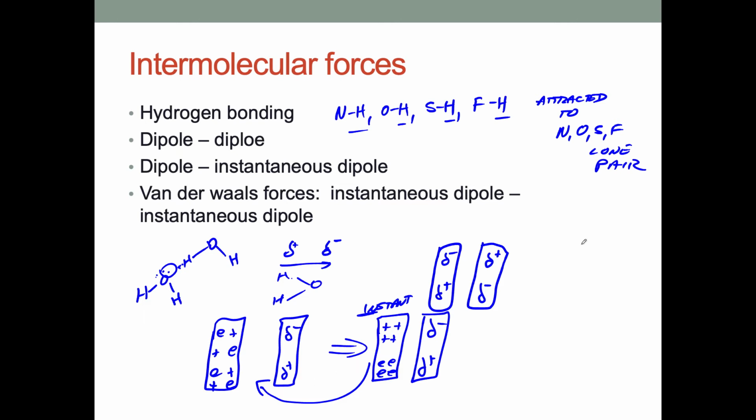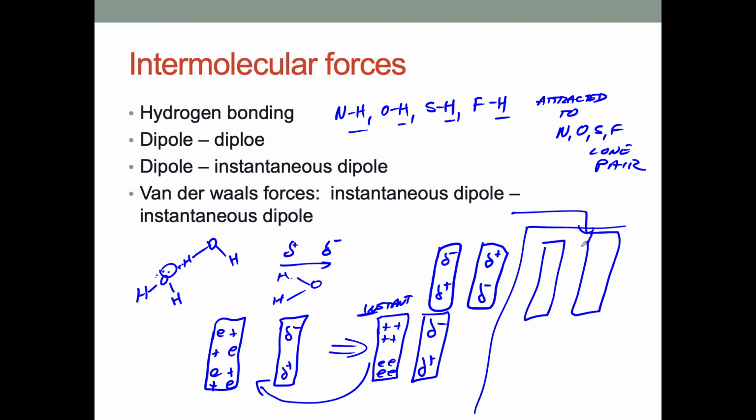Now, van der Waals forces is basically when we have two things come together, both of which are nonpolar. We have electron, positive, electron, positive, and what happens is that one of these will switch, because they're constantly moving.